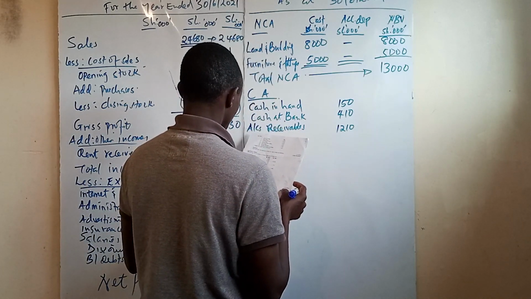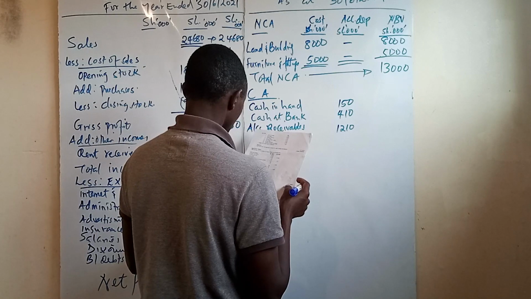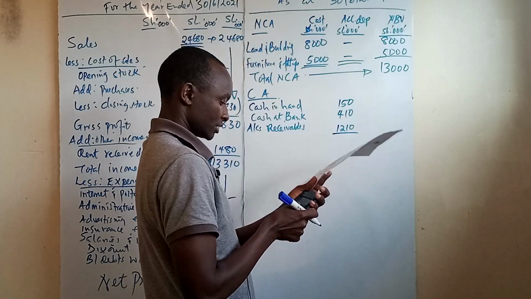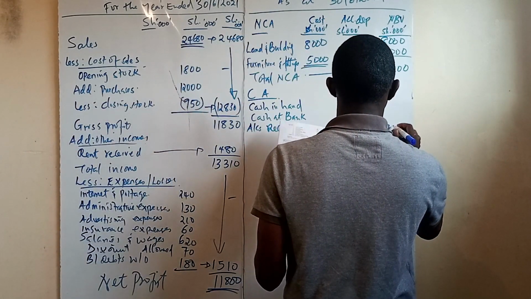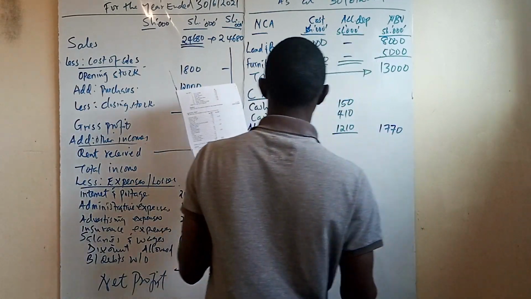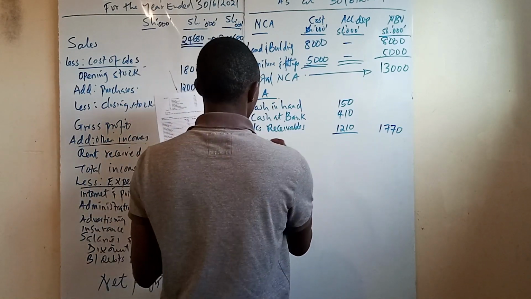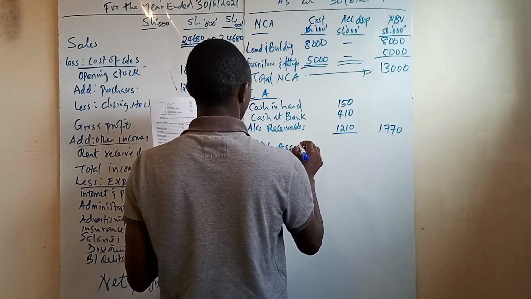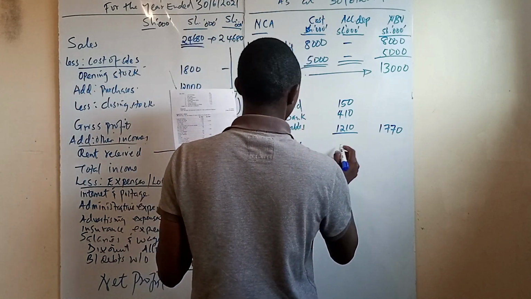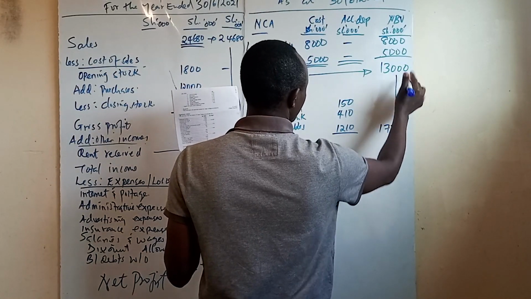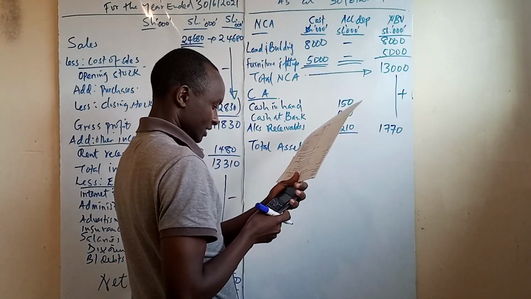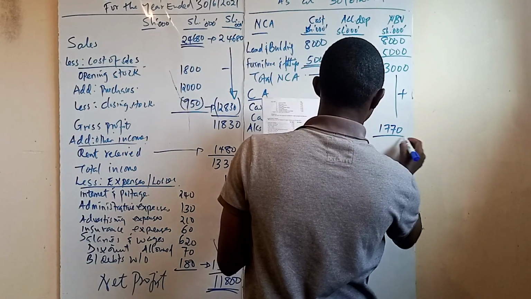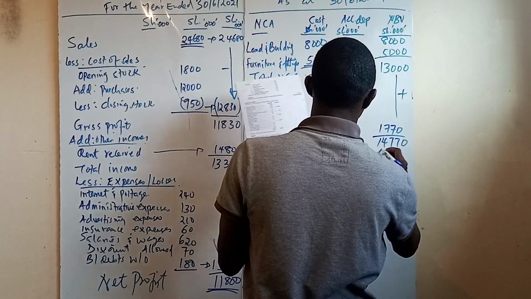So then you move on to, I think we don't have any other asset. You add these three, 1770. So our total assets will be the total of 13,000 plus 1770, which is 14,770.